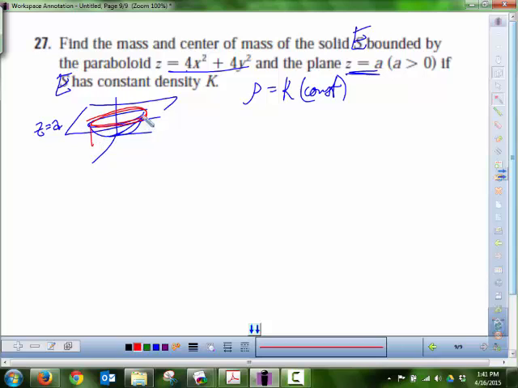And then its shadow is going to be what I'm interested in to find my polar coordinates. So when z is equal to a, I would just essentially solve for this. I get x squared plus y squared is equal to a over 4.